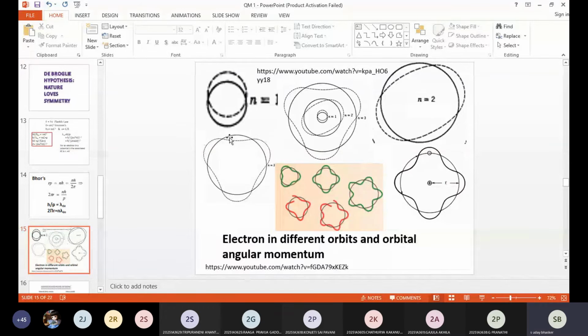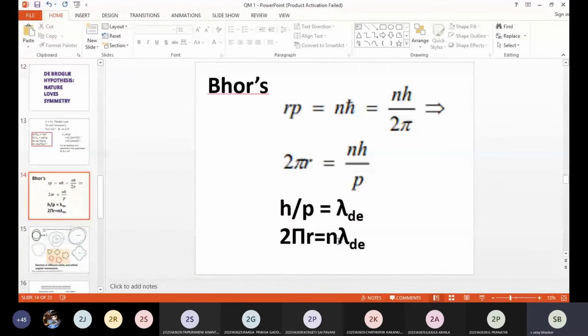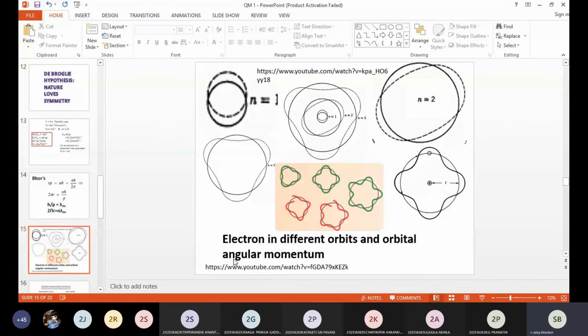Because they are in perfect phase, they act like stationary waves, and in stationary waves, energy is conserved. In this case they are not stationary, so they will not have phase relation, and because they don't have phase relation, the energy is not conserved. So electrons with a non-integral multiple of n lambda do not exist.